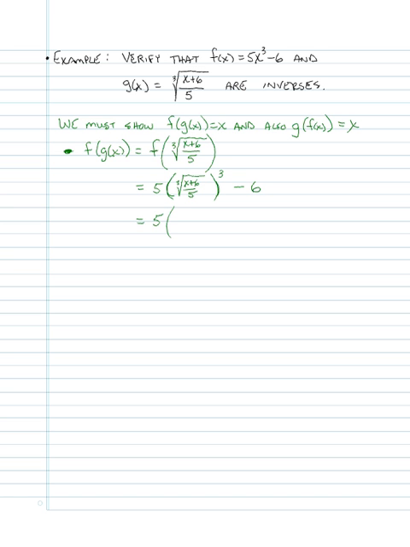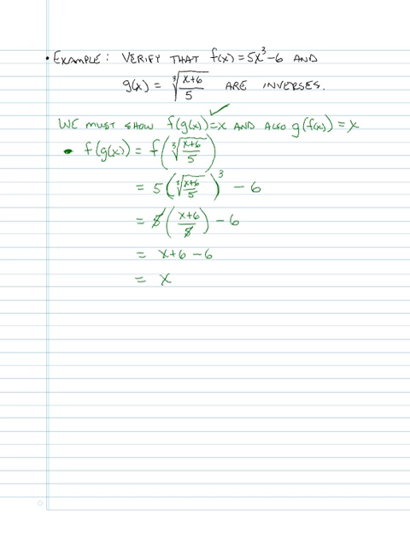And so when we cube this cube root, we simply get the fraction x plus 6 divided by 5. Now, of course, remember, that result is being multiplied by 5. And so when we multiply by 5, of course, the 5 in the denominator will cancel, and that leaves us x plus 6 from the fraction, and then the minus 6 at the end, and you see, of course, that that just ends up being x. So we've shown the first necessary condition is true.